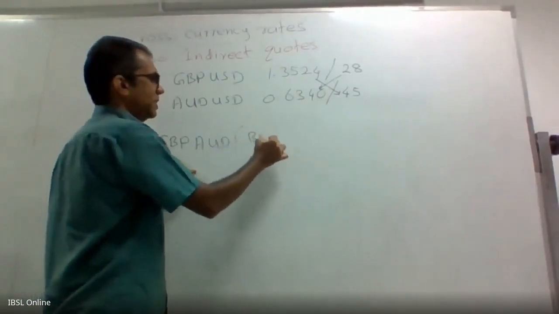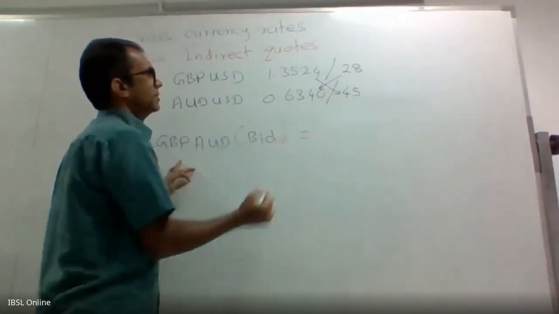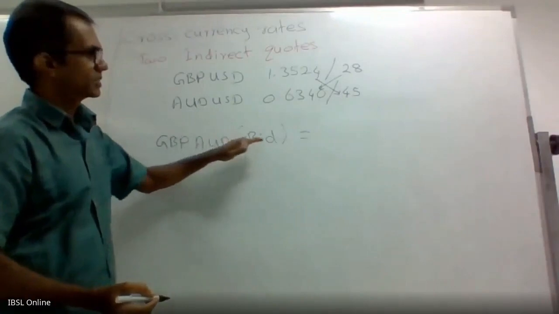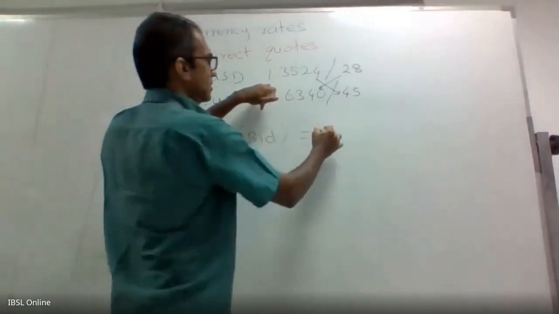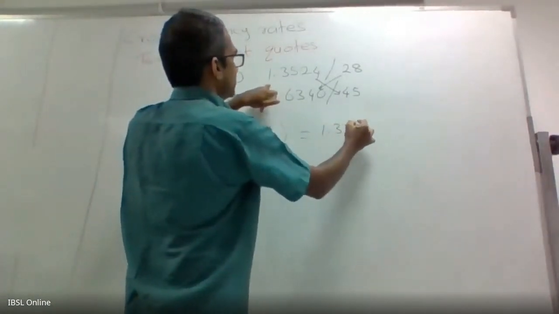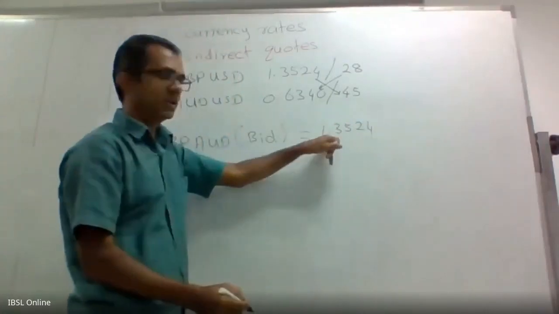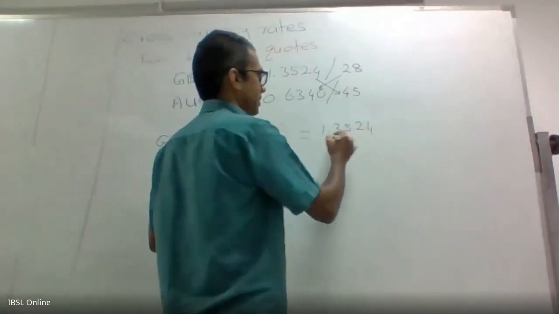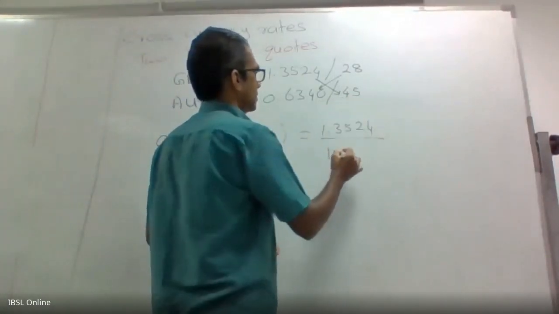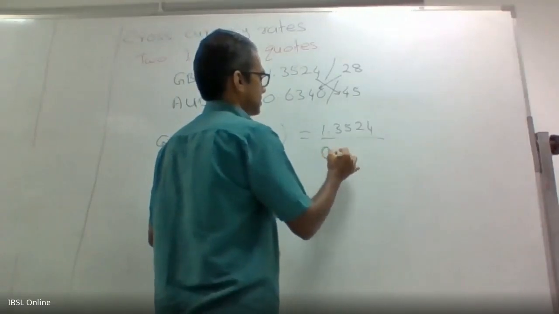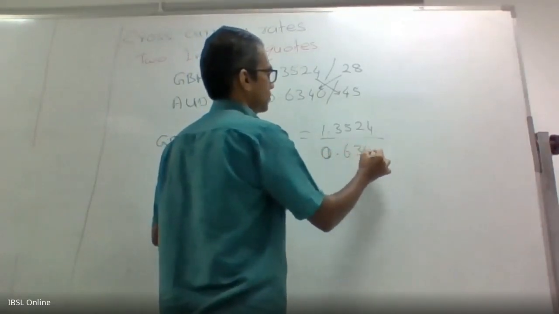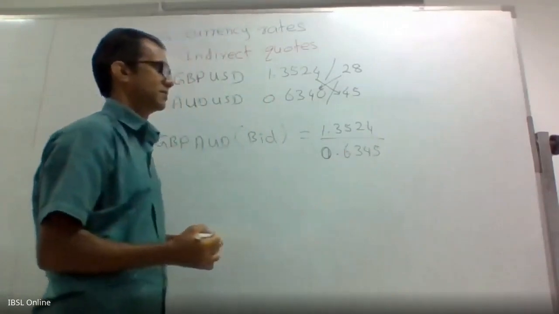How to get the bid? To get the bid, the exchange rate of the stronger currency, 1.3524 bid, divided by the 345.